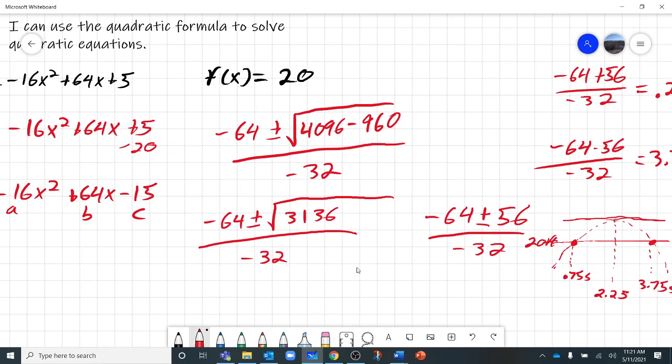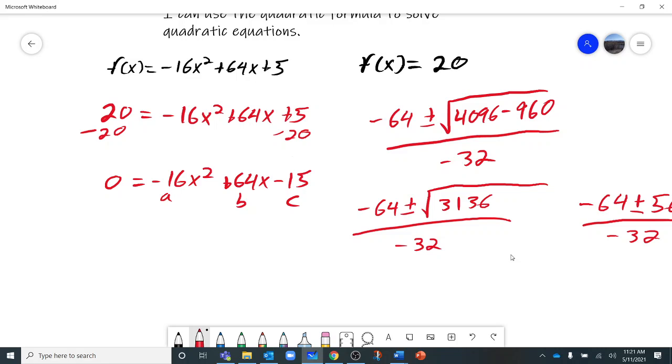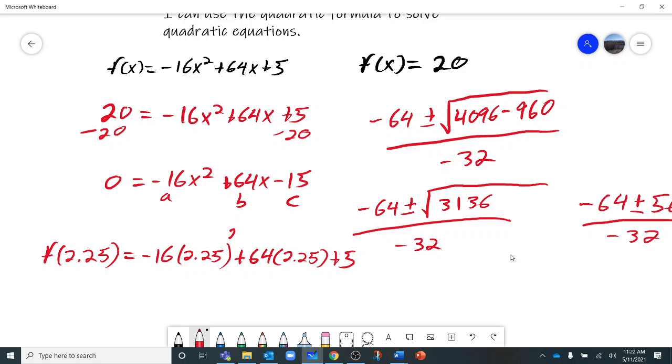I'm going to plug in 2.25 into f of x. So f of 2.25 is equal to negative 16 times 2.25. We could just use our vertex formula as well. Plus 64 times 2.25 plus 5. That first 2.25 is squared.